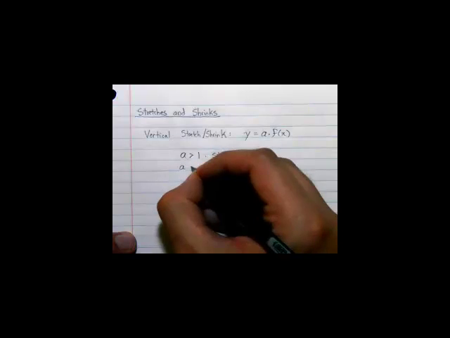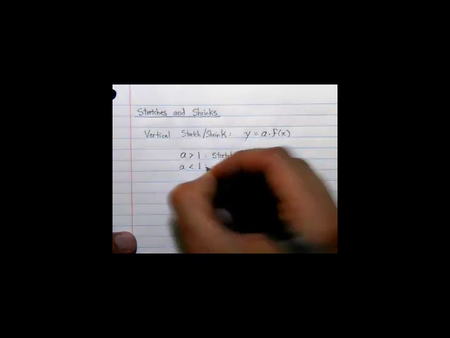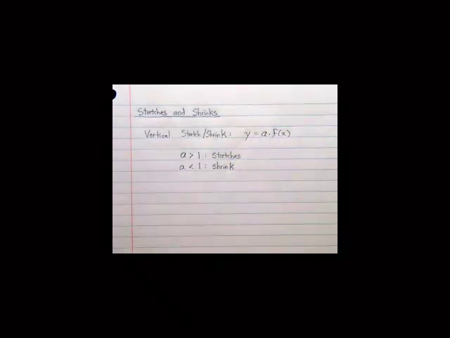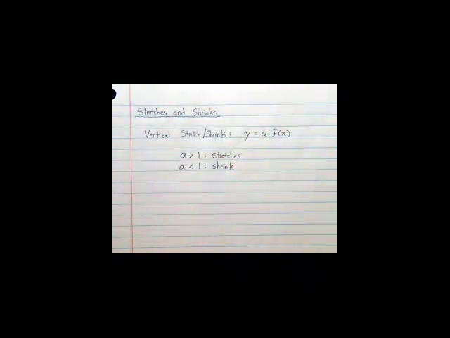And if a is less than 1, then it makes it a shrink. So if you saw something like y equals 1/2 x, that technically would be a vertical shrink of y equals x. So it's all about how big that number is.